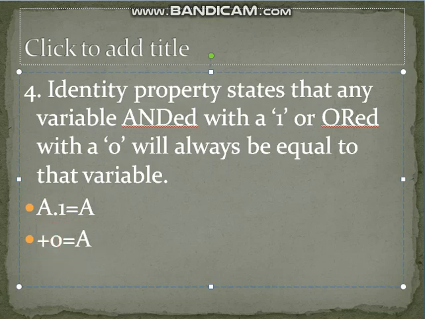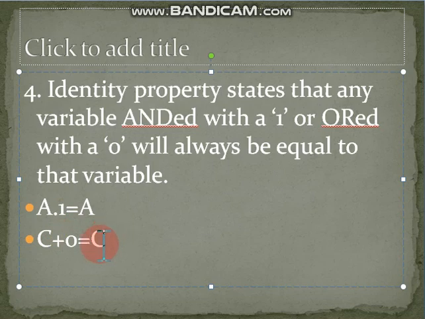If I use C here, it certainly means that even here, the answer will be C. So just don't mess up the gates. When you're using an AND gate, you're ANDing it with 1 or ORing it with a 0. That's when you get the answer to be that very same variable you are using.